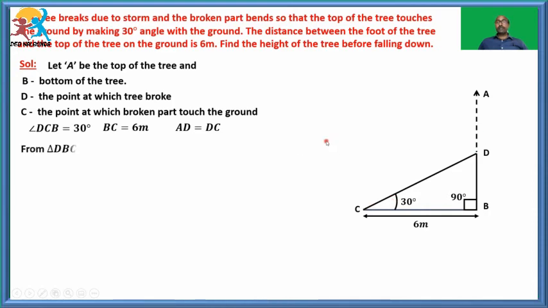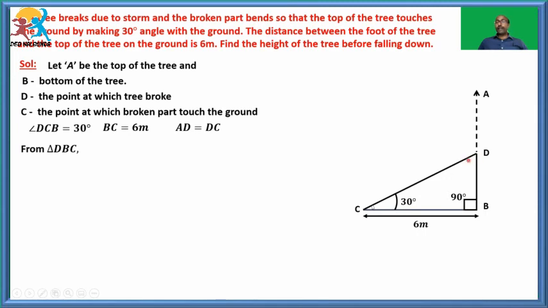Now, from triangle DBC, what we have to find? Here the required height is the height of the tree before falling down. That is the length of AB we have to find. But what is the length of AB? Length of AB is the sum of both AD and DB. And we have AD is equal to DC.